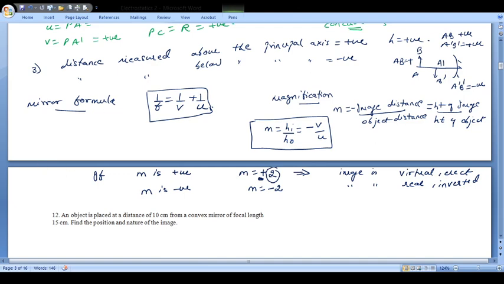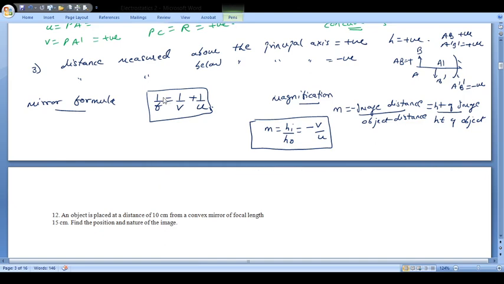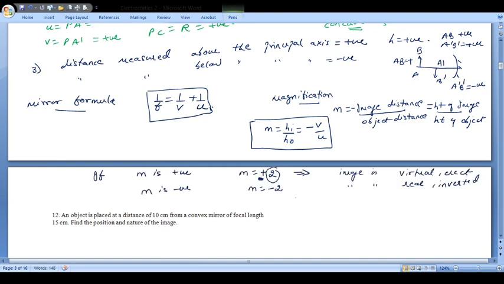So if you have magnification as plus 2, let's see here, if you say magnification is equal to plus 2, what does it imply? It means that your image is magnified and it is erect and virtual.